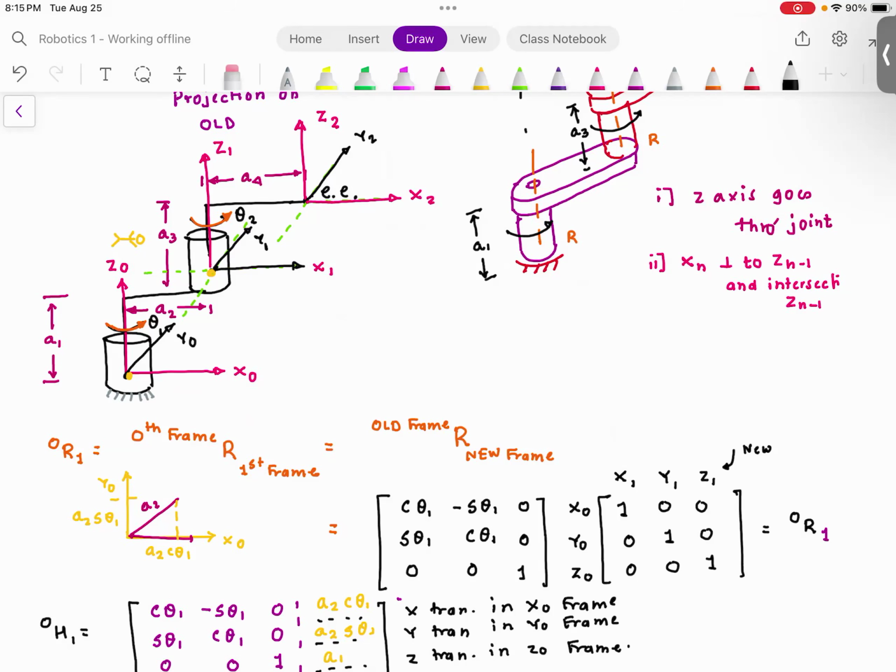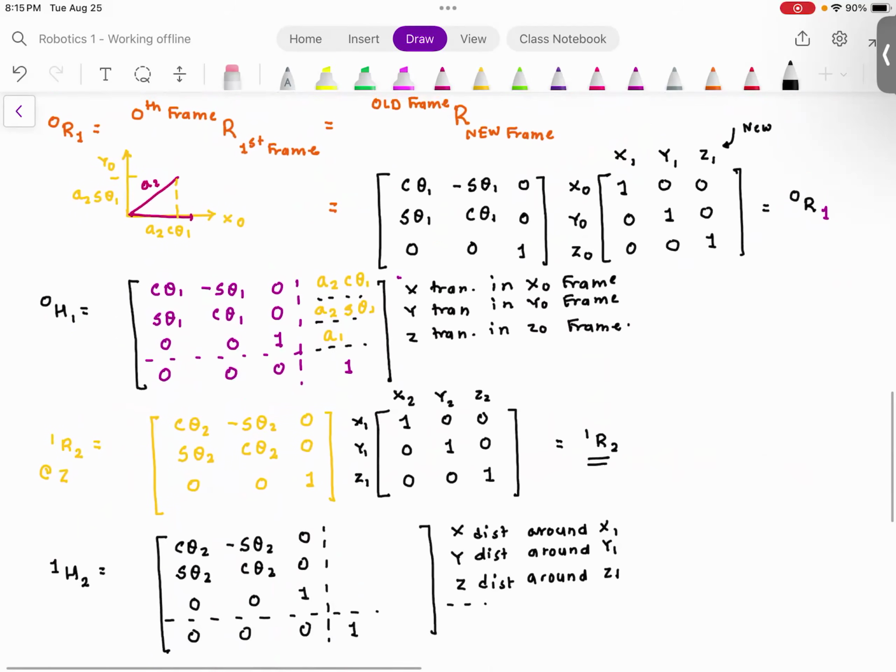Why? Because please note that joint is going to rotate. We are solving the three-dimensional kinematics problem where the things move in 3 dimensions. So that's why this is going to be A4 cosine theta 2. What would be the y distance around y1? A4 sine theta 2. And what would be the z distance along z1? A3. Everyone agrees?